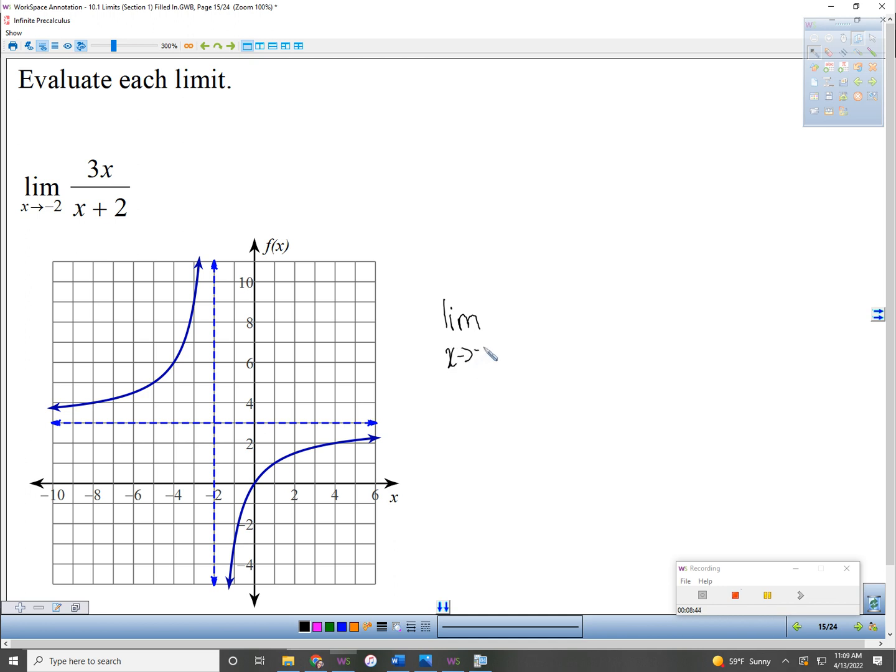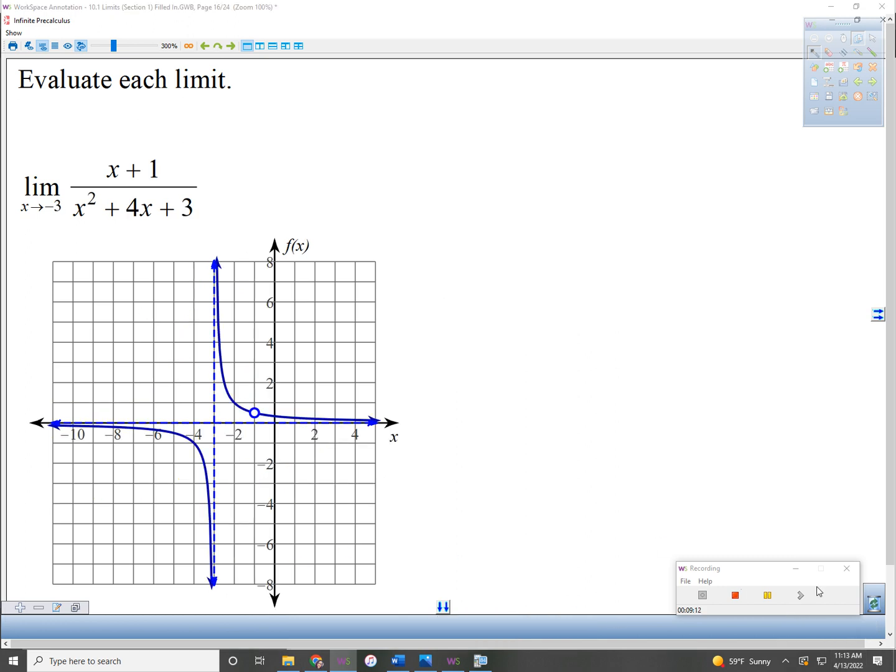Okay, and we talked about that in part 1 of this video series. So this is a limit that does not exist because of the increasing and decreasing without bound on both sides. If I had said that I was approaching negative 2 from the left, you would say positive infinity, or from the right, negative infinity. But they are both approaching two different things anyways, so that will not work for us.